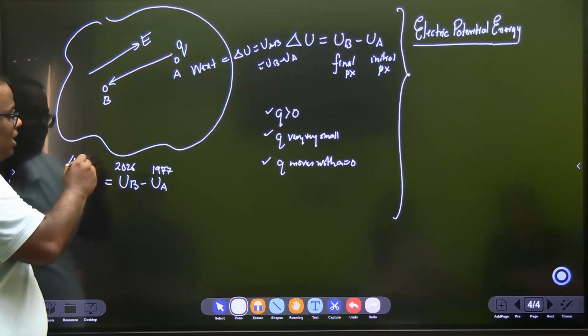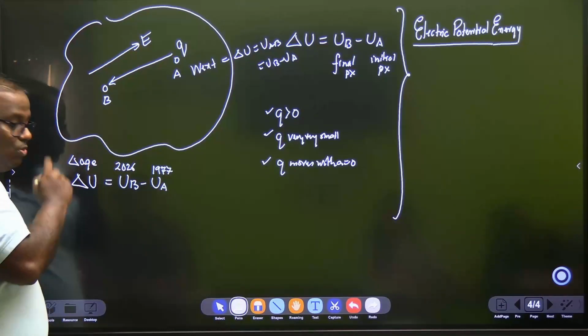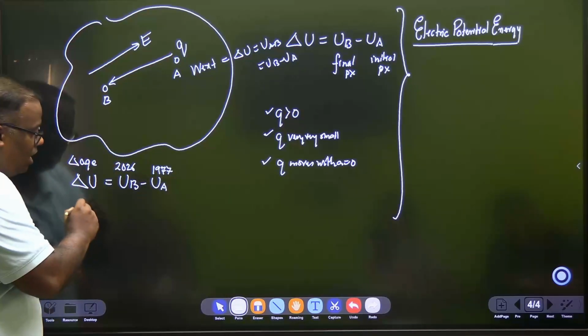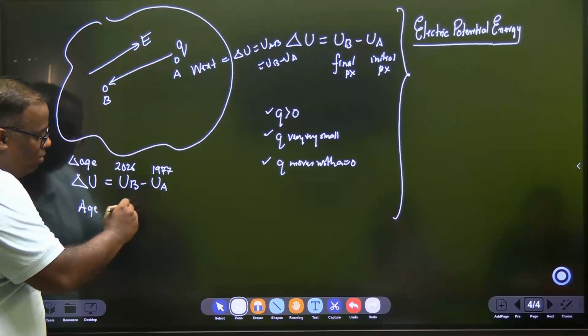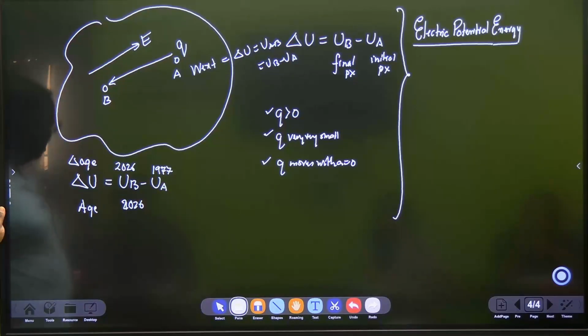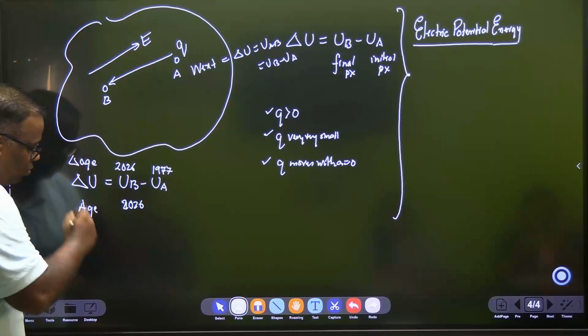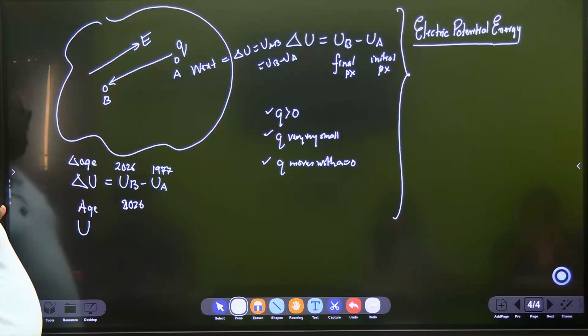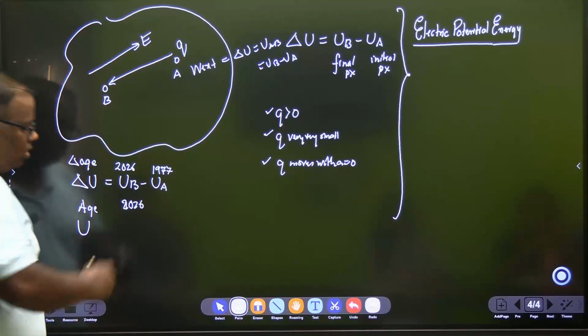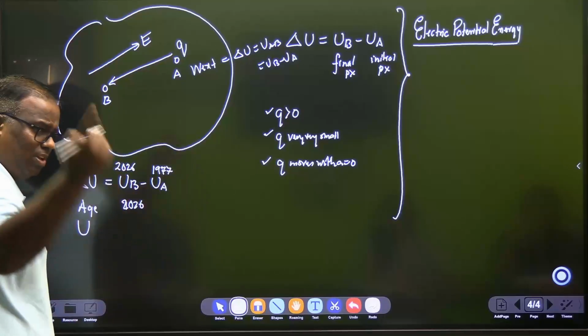Now I will try to know what? Age. I will try to know age. So I will be interested in only the 2026 data. That means I want to know what is the potential energy of a system, U. And to know U, the 2026 data, you were very smart.